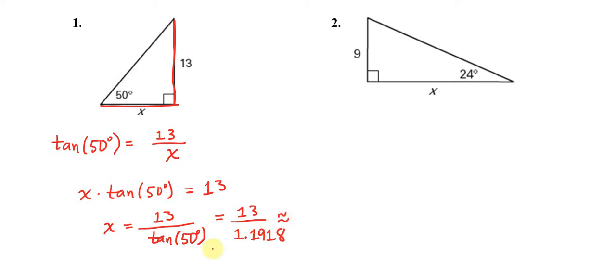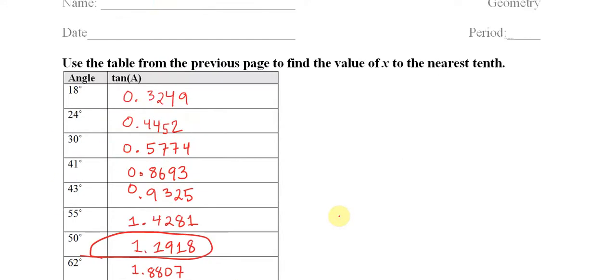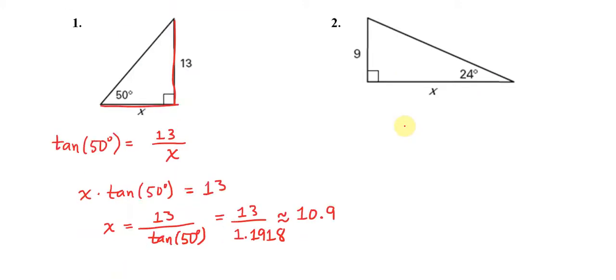And that gives us an approximation value of 10.9. And let's look at our instructions here. We want to round to the nearest tenth. Okay? So this is going to be 10.9. Oh, it's going to round up to about 10.9.